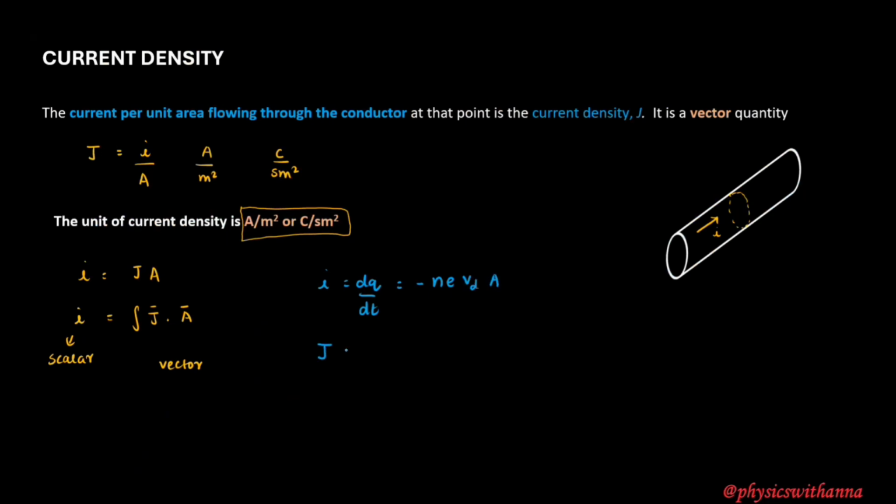This gives me current density J equal to I over A, so that becomes negative n e v_d A over A. So current density J becomes equal to minus n e v_d, where e is the elementary charge of a proton or electron, v_d is the drift velocity, n is the number of electrons passing through a given area, and the negative sign only represents that the flow of electrons is opposite to the flow of current. So if the current here is going to the right, electrons will flow to the left and hence the negative sign. Now let's apply this rule to solve problems.